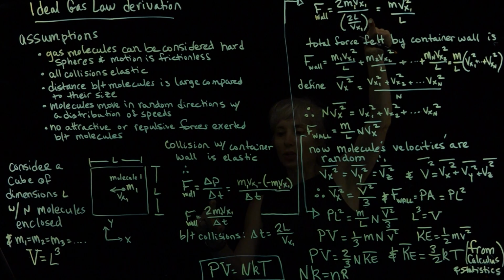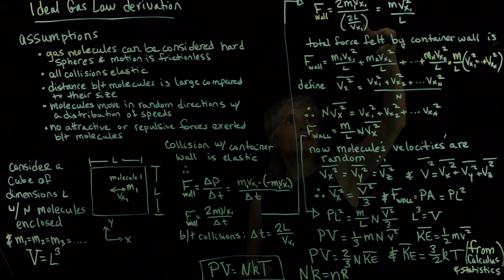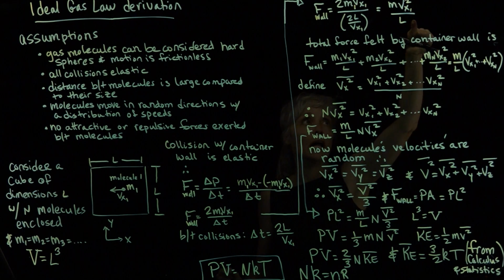So I've substituted in for delta t, and you can see that the 2's are going to cancel, and this v1x is going to flip up into the numerator, and so this can be written as m1 v1x squared over L.